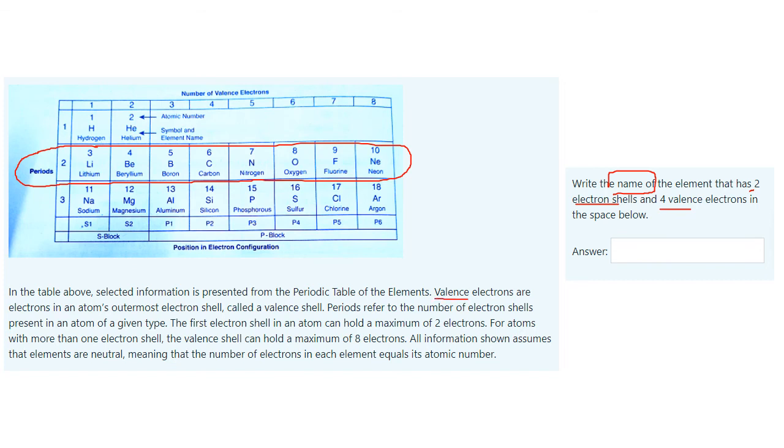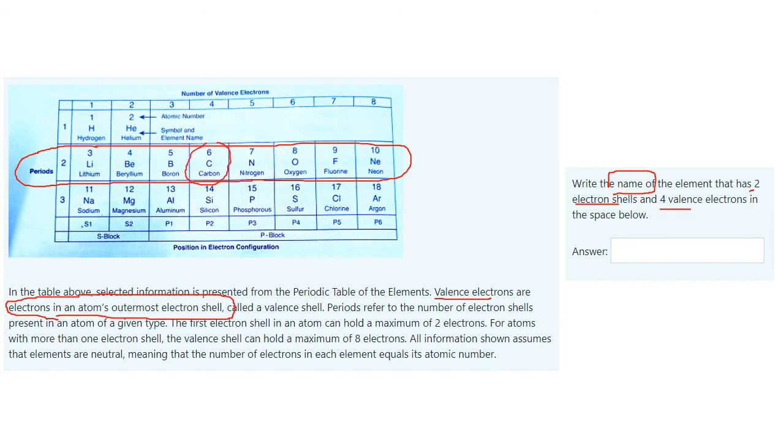Valence electrons, remember, are the electrons in the atom's outermost shell. All of them will have 2 electrons in the first shell. So lithium would have 2 electrons in the first shell and 1 valence electron. Beryllium would have 2 valence electrons. So we want 4 valence electrons.